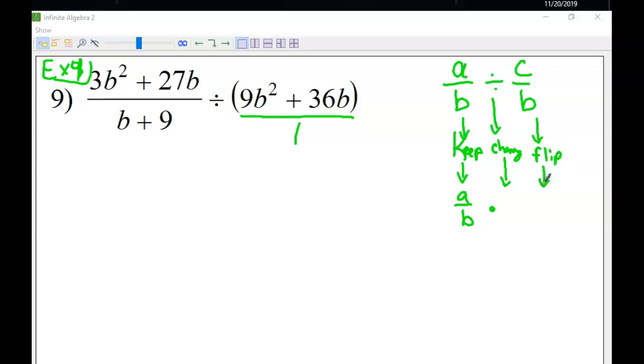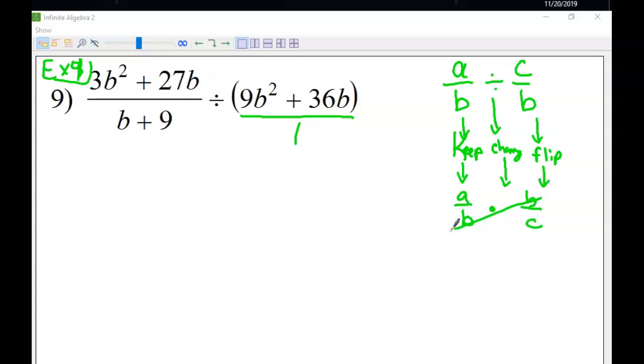It's KCF, which is like KFC. And then it's a multiplication problem, so you just do it the same way we did before. So it's once again really just the same thing. It's just that with division, you have this extra step in the beginning of keep, change, flip. Okay? So here we go.